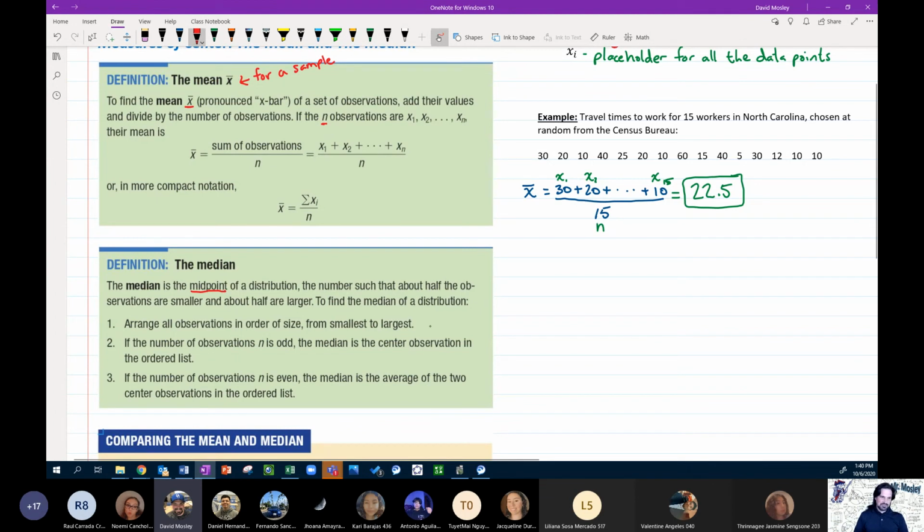Right? To find the median of a distribution, step 1, arrange all observations in order of size, smallest to largest. All right, here we go. Let's put our numbers in order from our example. We start, our lowest is 5. Then I have 1, 2, 4 tens.